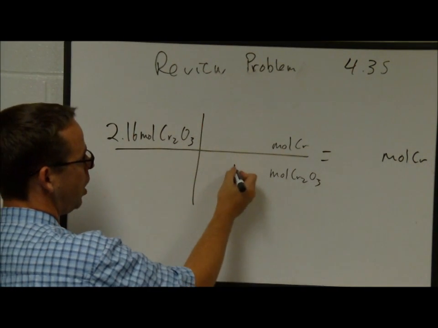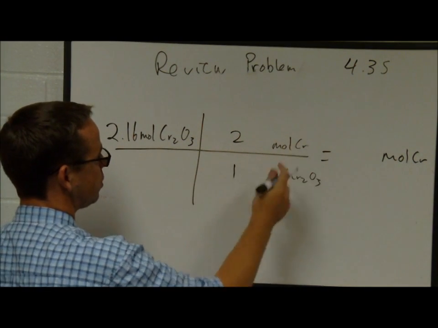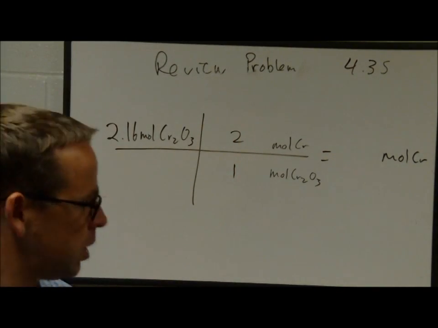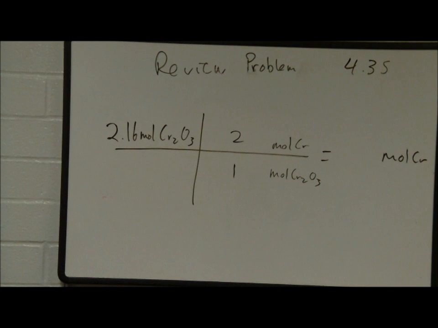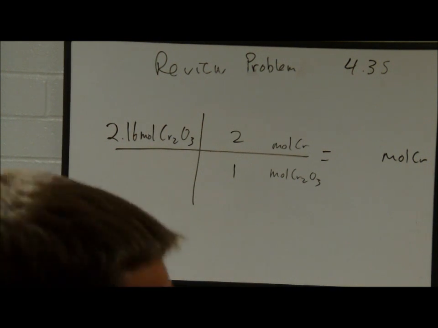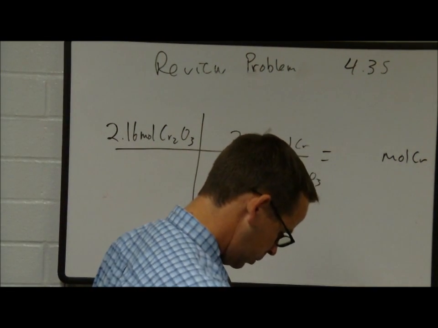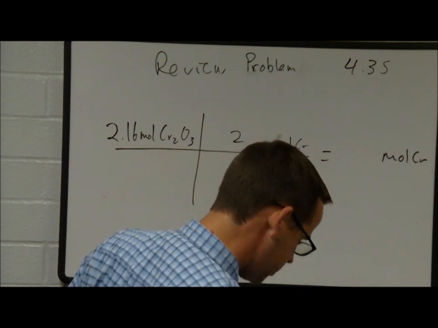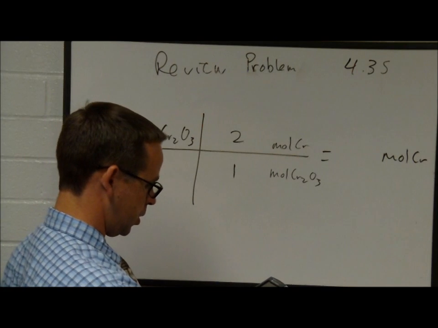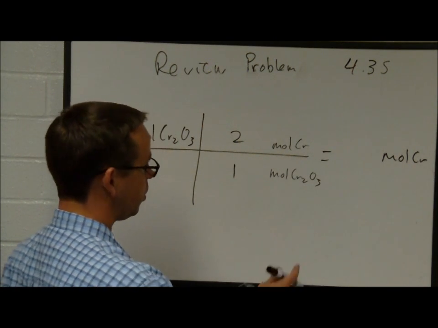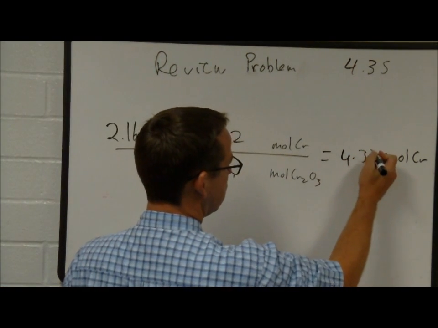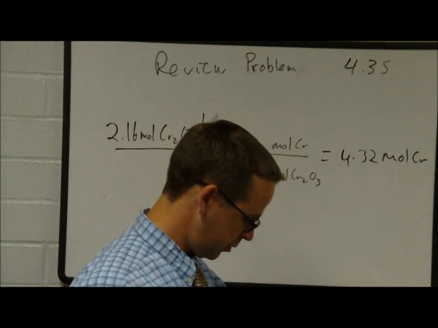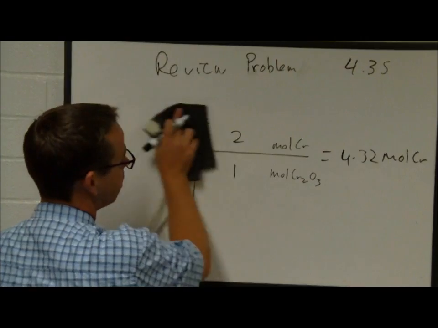So for every 1 mole of Cr2O3, there's 2 moles of chromium. Therefore, 2.16 times 2, and that should be how many moles of chromium. Let me get my calculator here. So we got 2.16 times 2, 4.32. 4.32 moles of chromium. So that's number 435. 437.